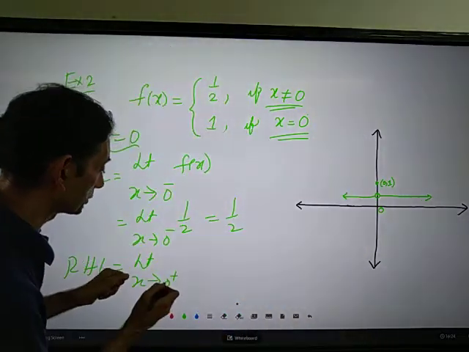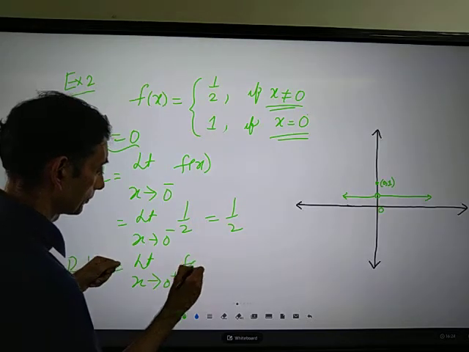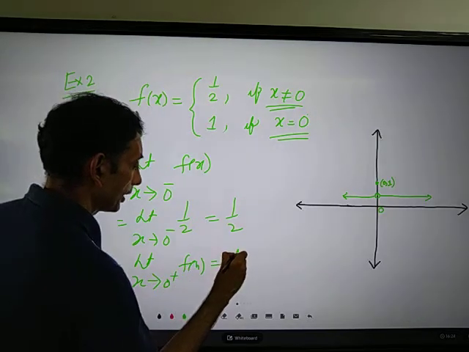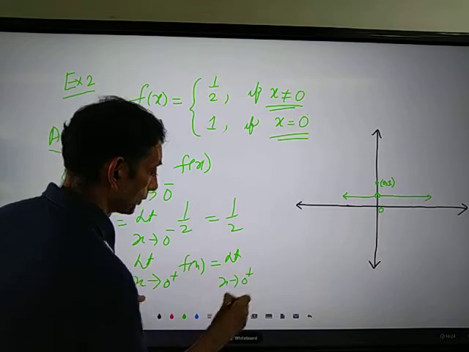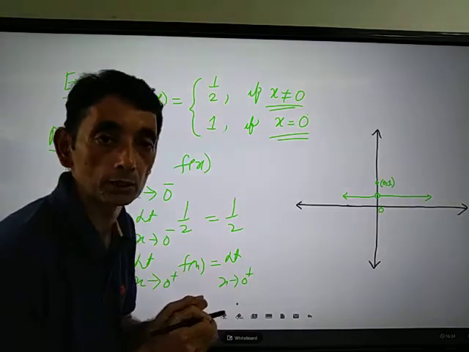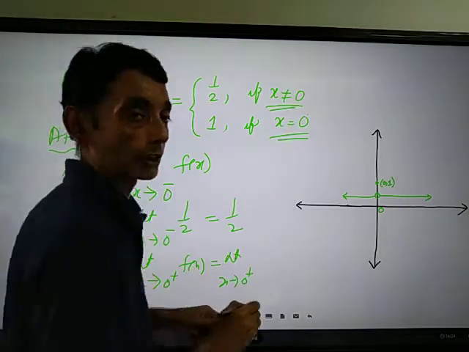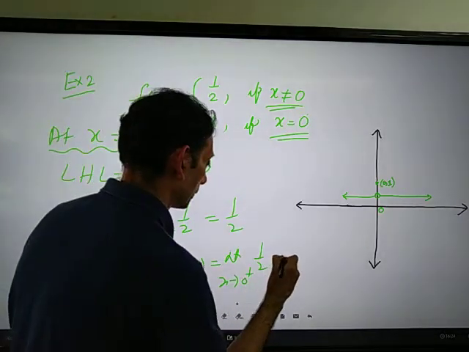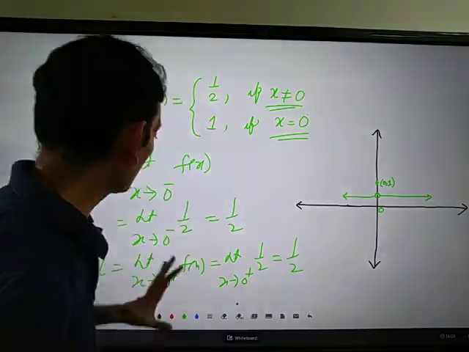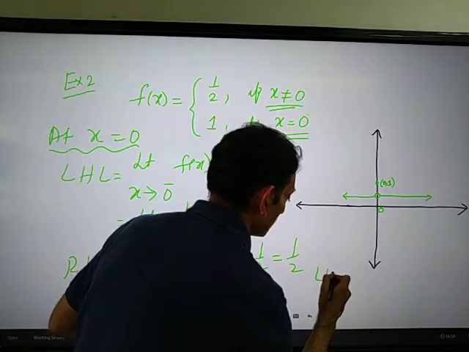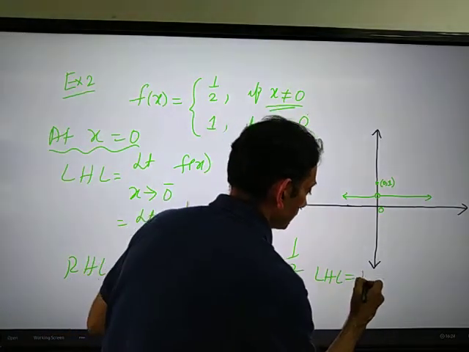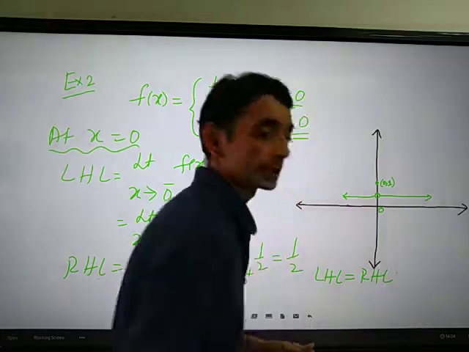Limit as x approaches 0 plus of f(x). Here also x approaches 0 from the right hand side, so x is not equal to 0. This is also half. So what we have seen here is that the left hand limit and right hand limit are both the same.